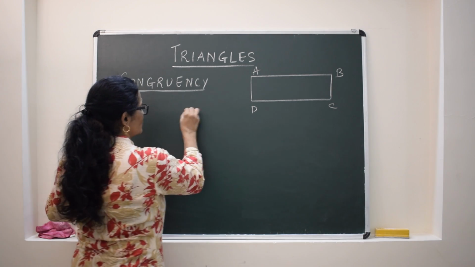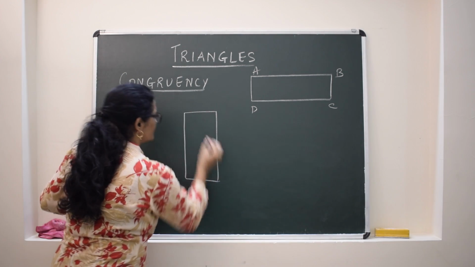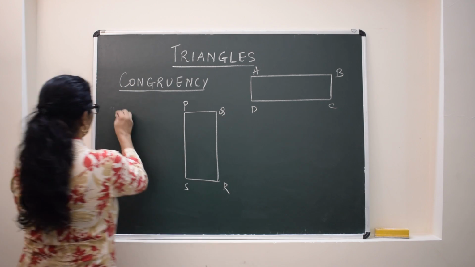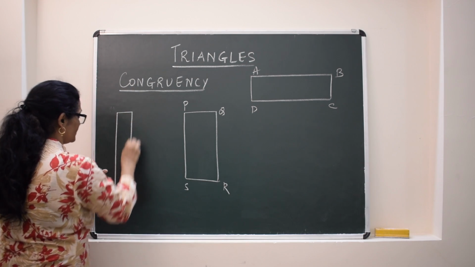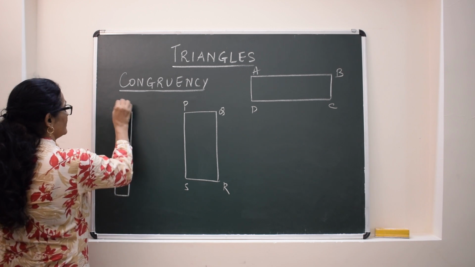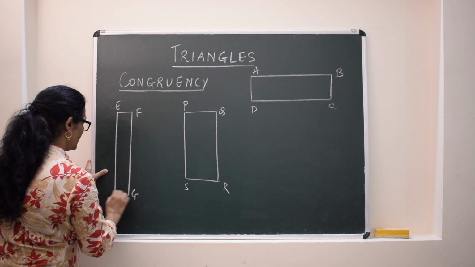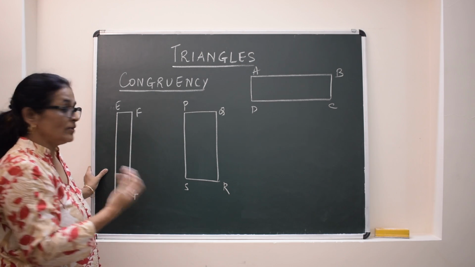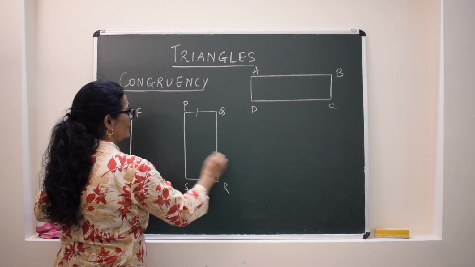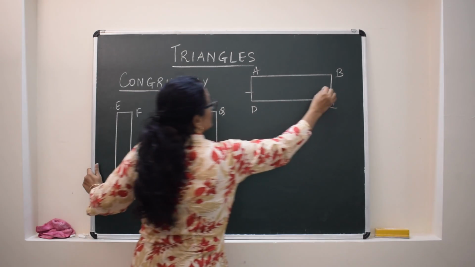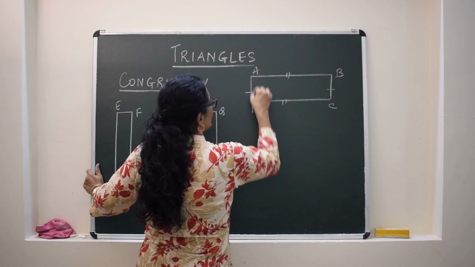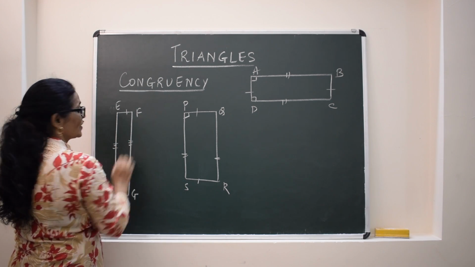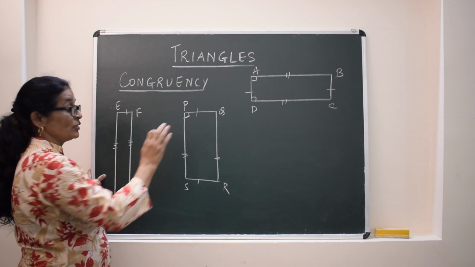Another rectangle I have drawn, PQRS, and this is also a rectangle. If somebody asks, what are these figures? We'll simply say these are rectangles, opposite sides are equal, each angle is of 90 degrees. So this is the definition of a rectangle. So we can say that these all are rectangles.